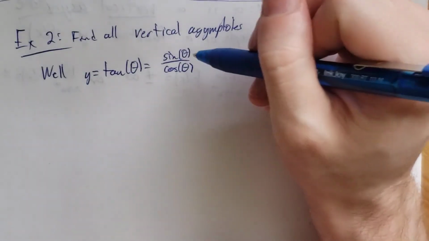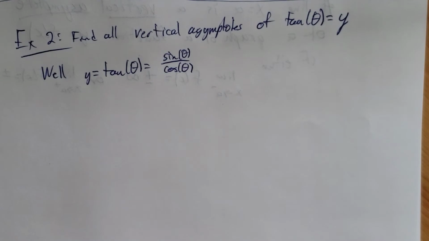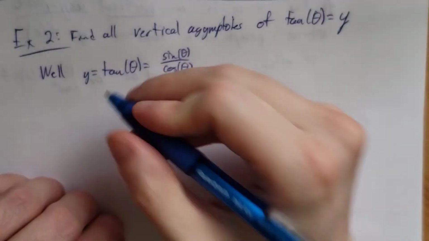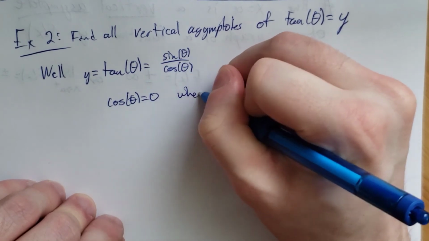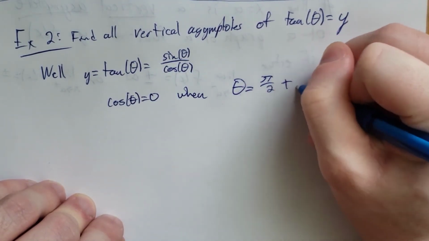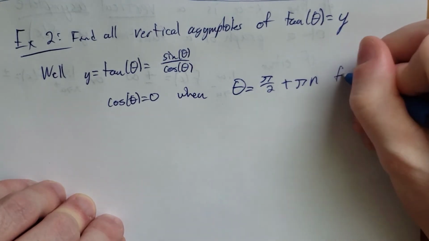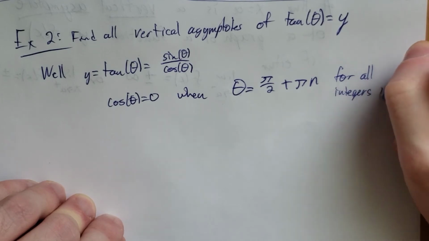And we will only have issues here when the denominator is 0. Well, the denominator is 0, right? Cosine of theta is 0 when theta is equal to pi over 2 plus pi n for all integers n.